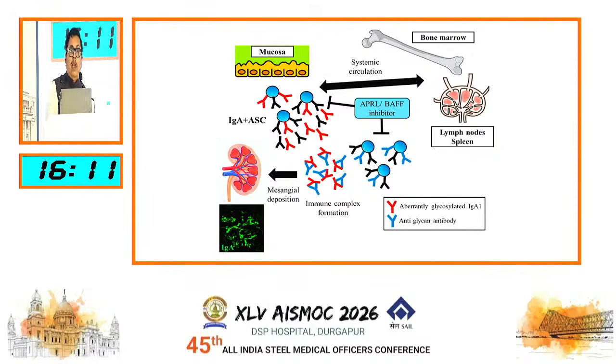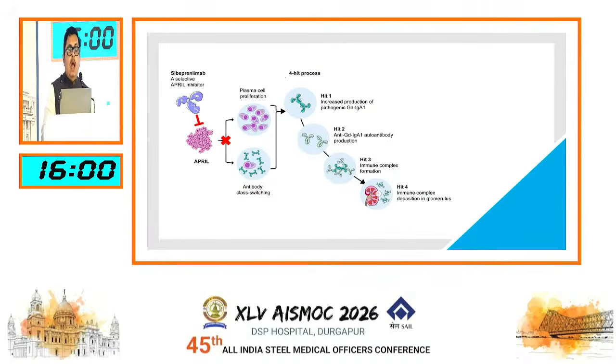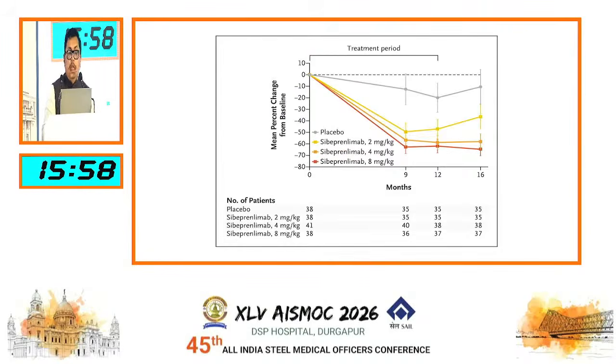So other than locally active budesonide and other than reducing kidney inflammation by systemic steroid or mycophenolate mofetil, this APRIL or BAFF inhibitor, which is sibeprenlimab, has shown a significant decrease in proteinuria.